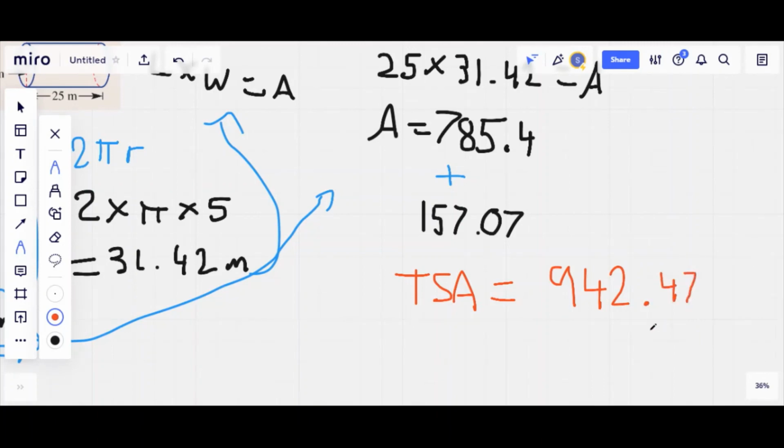We've got to remember our units, which is meters squared.